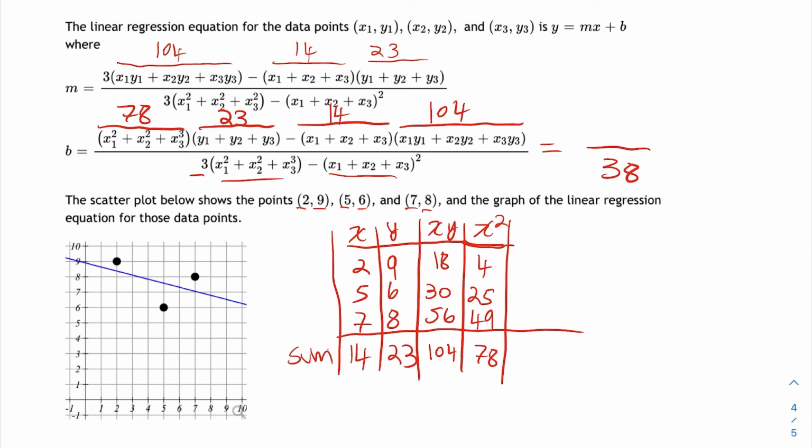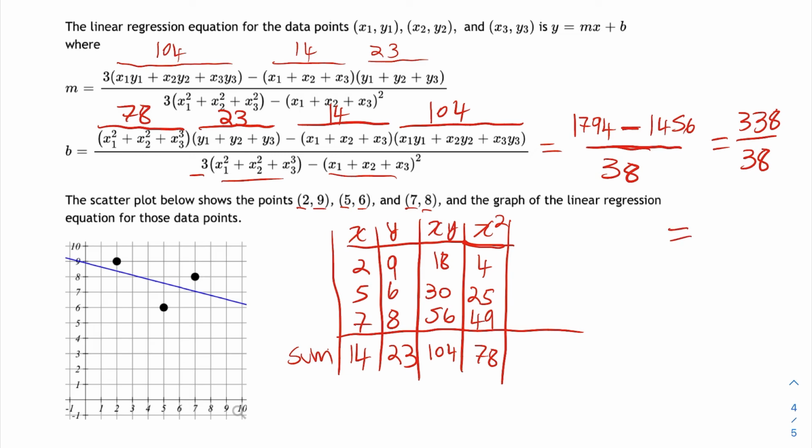So we get this here, and we can do the product 78 times 23, which is 1,794, minus the other product, 14 times 104, is 1,456. So that's what I get when I do those products in the top. And when I do that subtraction, I get 338. So that 338 over 38 is the y-intercept's y value.